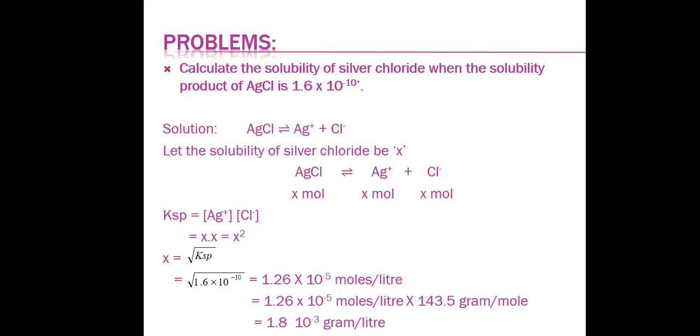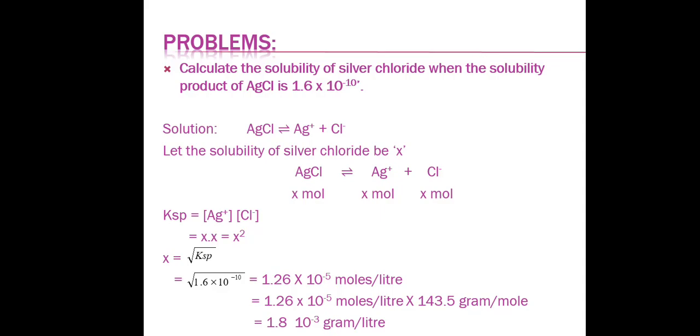Now, sometimes the question asks to give the answer in gram per liter instead of moles per liter. If so, what you need to do is multiply the solubility in moles per liter with the molar mass of the substance, that is AgCl, which is 143.5 gram per mole.